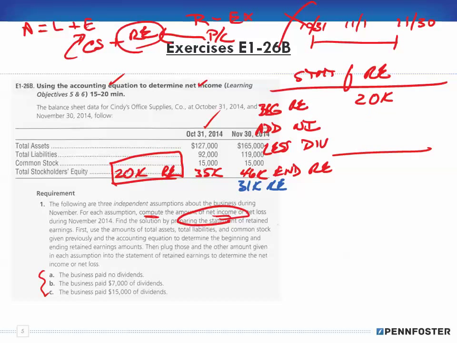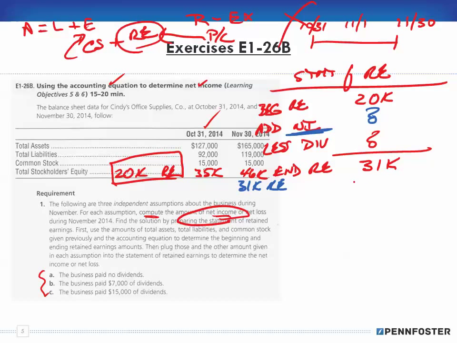Now, I don't know what my net income is. And then I have less my dividends, and I don't know what that is either at this moment in time. And then my ending retained earnings as of November 31st was 31,000.